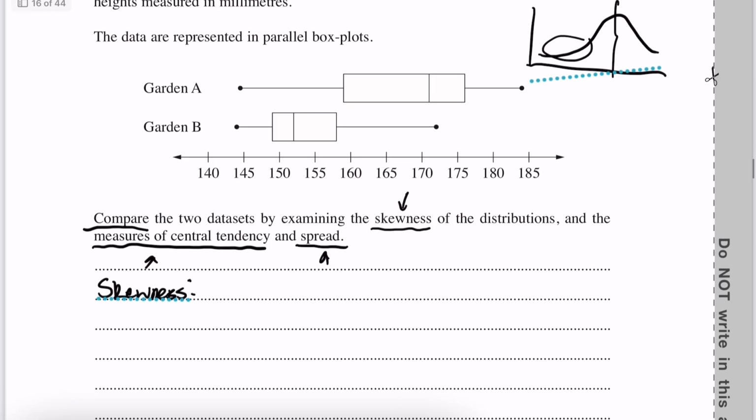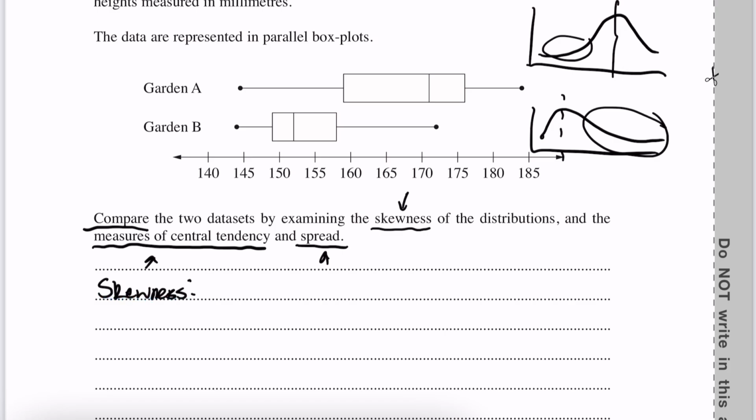And garden B is positively skewed, where there is an array of data that is to the right of the median, okay, towards more positive areas. And so if we were to draw something like that, it would look something like this, where that's the median there, okay? And this is the tail, which indicates that we are positively skewed.